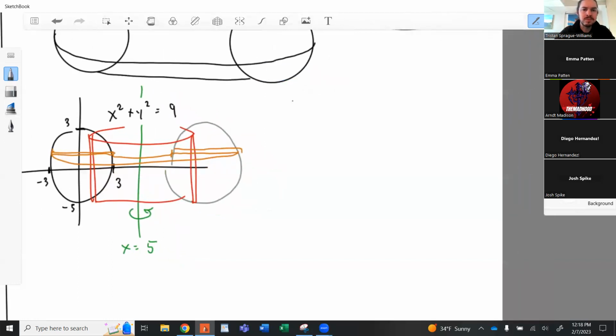Let's start with, I guess, washers. If we're going to do washers, we're going to have to set up a dy integral, right?